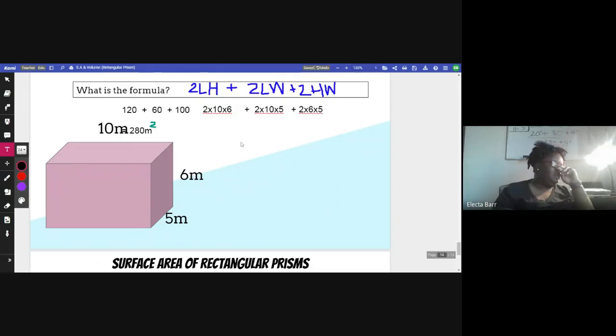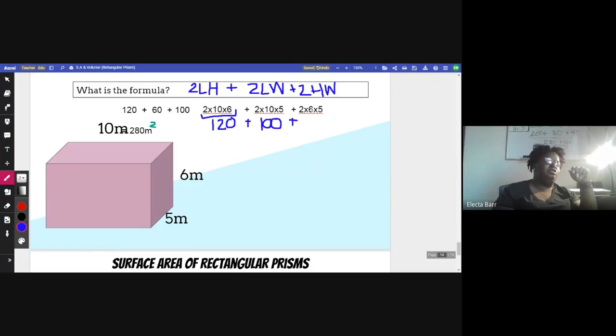All right, so 2 times 10 is 20, 20 times 6 is 120. Plus 2 times 10 times 5: 2 times 10 is 20, 20 times 5 is 100. Then plus 2 times 6 times 5: 2 times 6 is 12, 12 times 5 is 60.